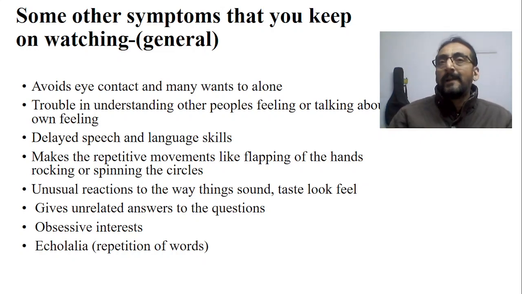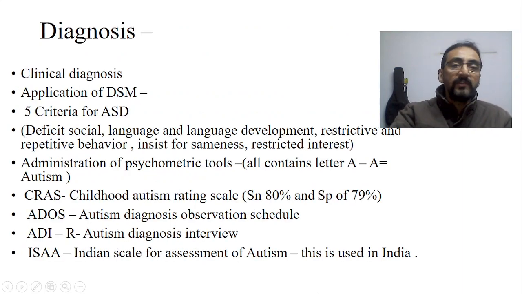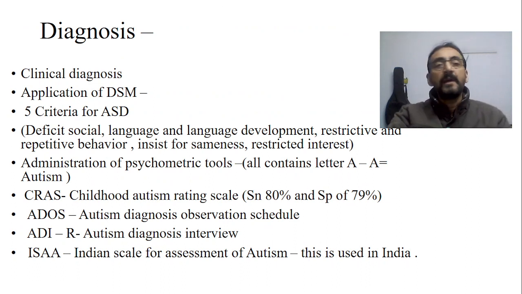Therefore, he is actually conveying many things through that particular word. But for a listener, it looks very abnormal, and this condition is called echolalia. This echolalia is also one of the very important things that one must watch for in the early detection of autism. So these are some of the important aspects in the approach.